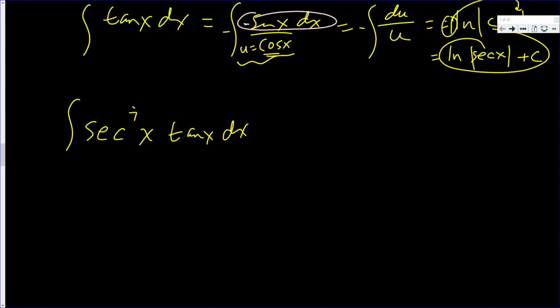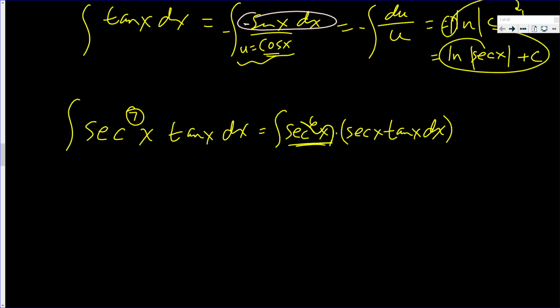So it doesn't even matter what that power really is, whether it's odd or not. I can still break off 1. So I'll have secant to the 6th x times the secant x I broke off times the tan x dx that has always been there. So if I call this u, well then that's du.